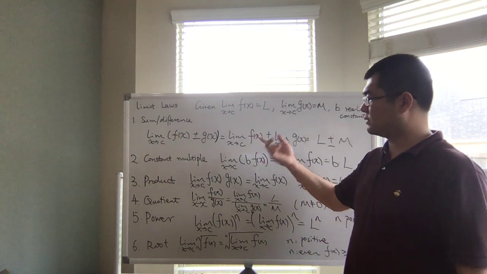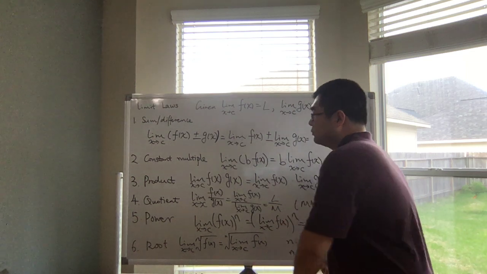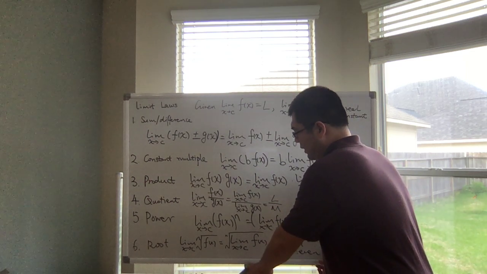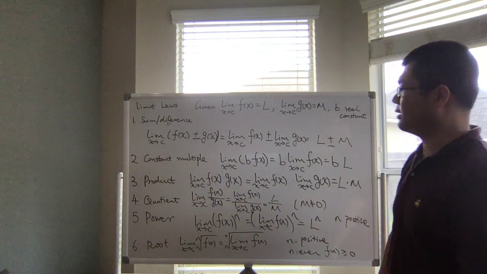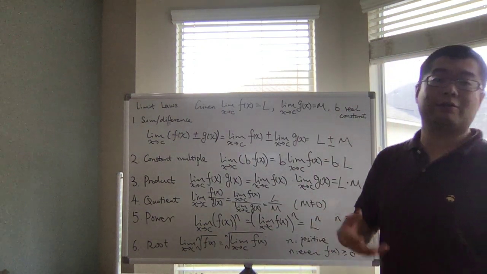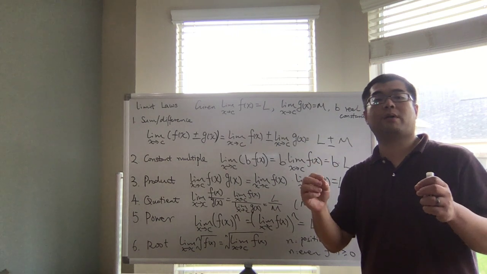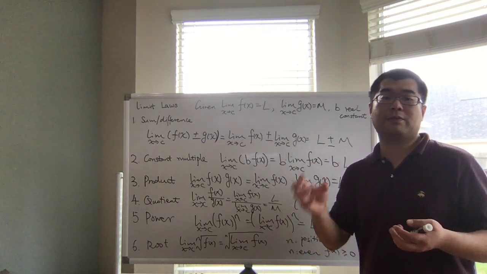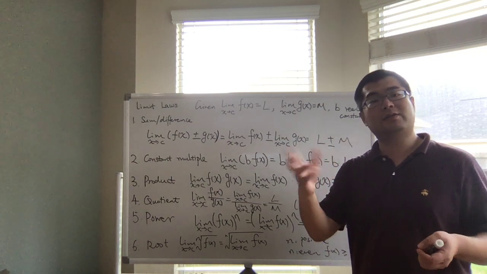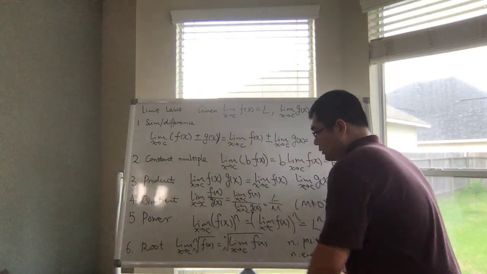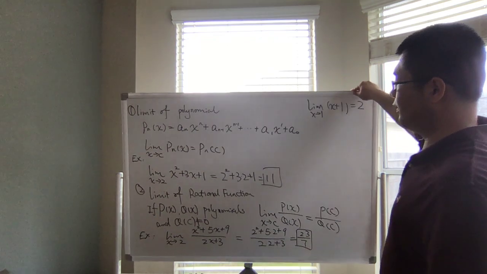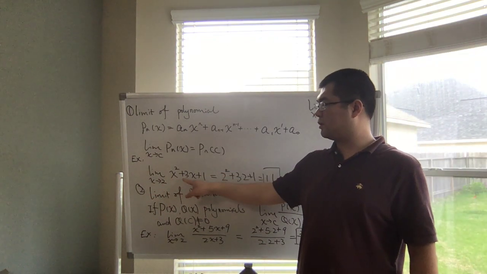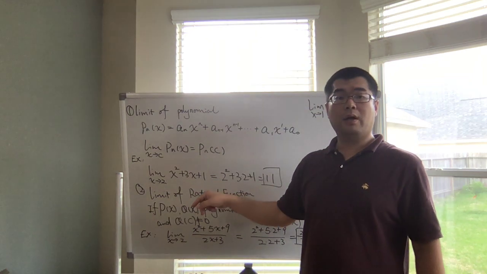Okay, I'll come back to give you some examples. I was planning to show you that if you still remember, we talked about the limit of polynomials, right? So if you look at this problem, guys, the limit as x approaches 2 of x squared plus 3x plus 1.